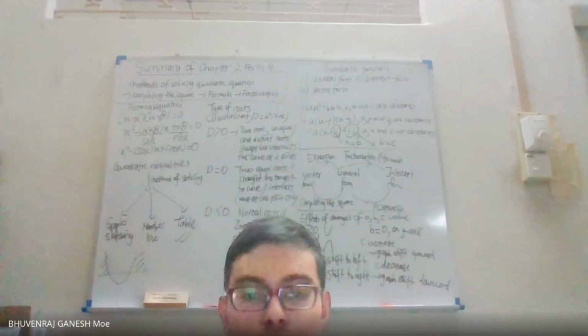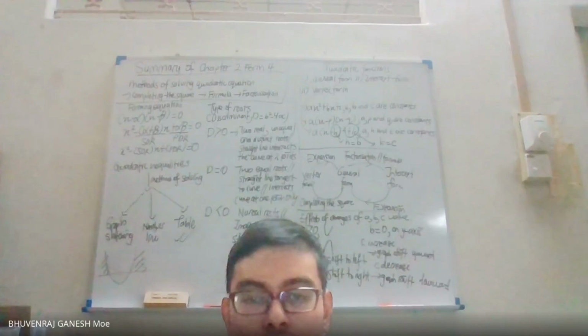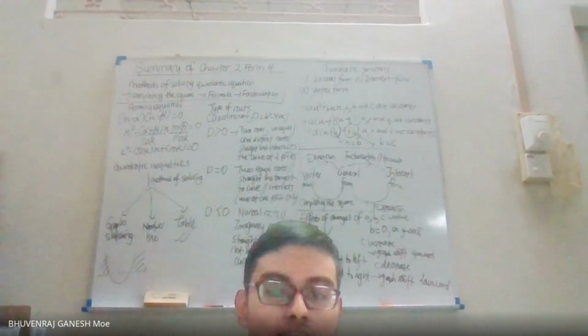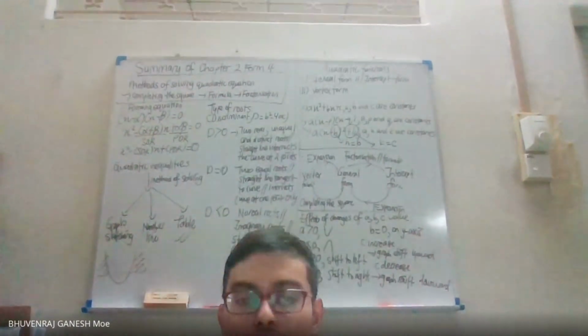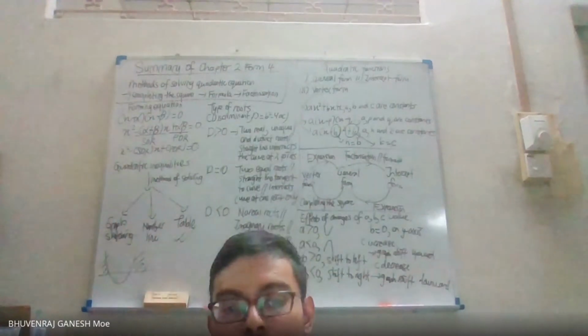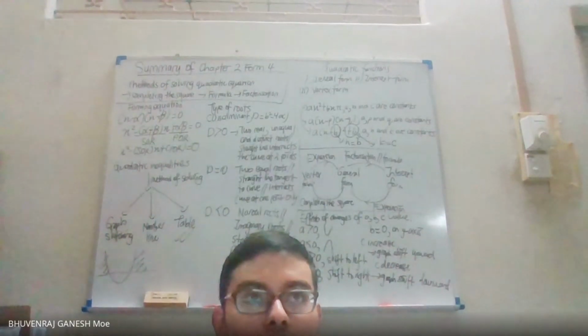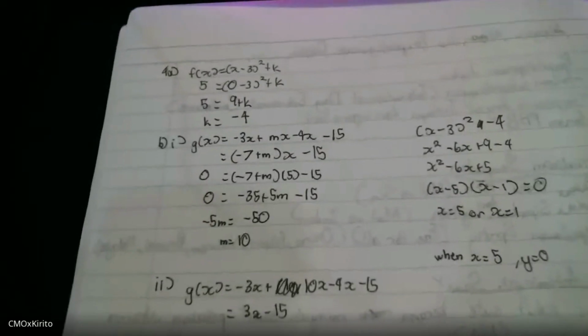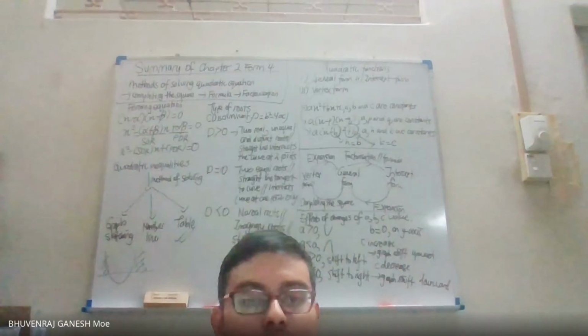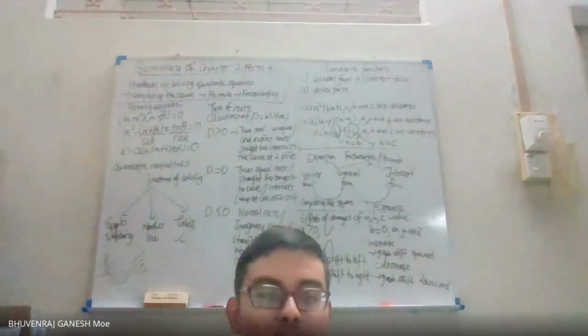You can put anything you want, because p and q are just random variables to show constants. So basically the intercept form is to show you the roots. The normal form. Because the whole thing is equal to 0, right?